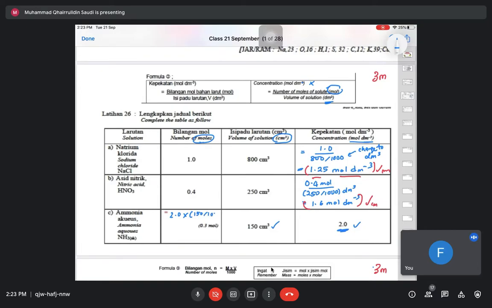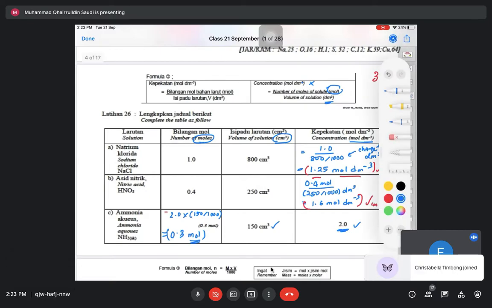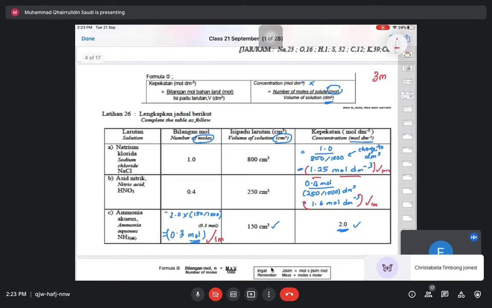So divided by 1000 and you will get 0.3 mole. The mole must be present as well, and then you will get 1 mark. So for this exercise 26, the total marks will be 3 marks. Okay, can we proceed?